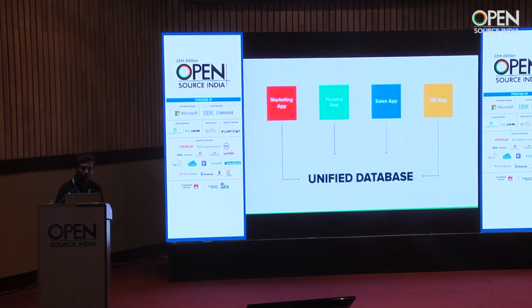A unified data model is where you build multiple applications on the low-code platform, but the data from all the different applications sits on a very virtualized and unified database. So if you build an app on a low-code platform for marketing, and then you build another one for sales, now you want to correlate both and see how much marketing expense is resulting in how much sales.